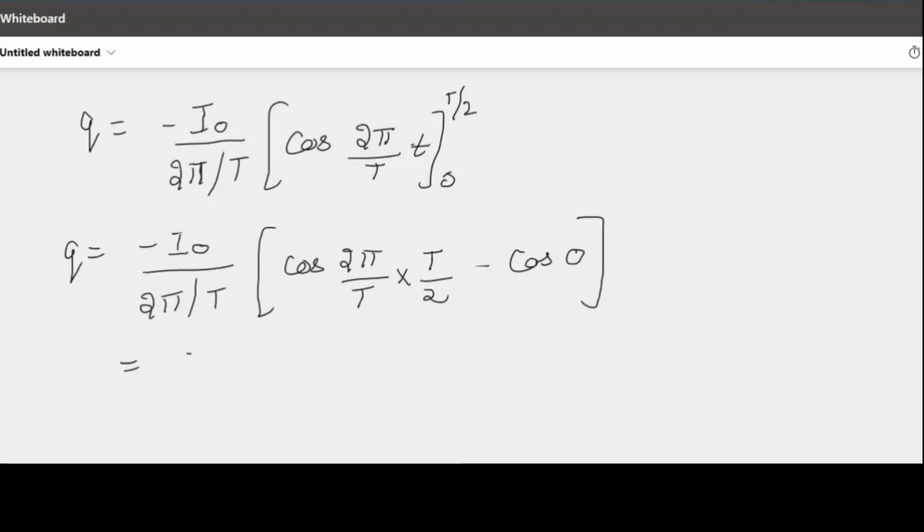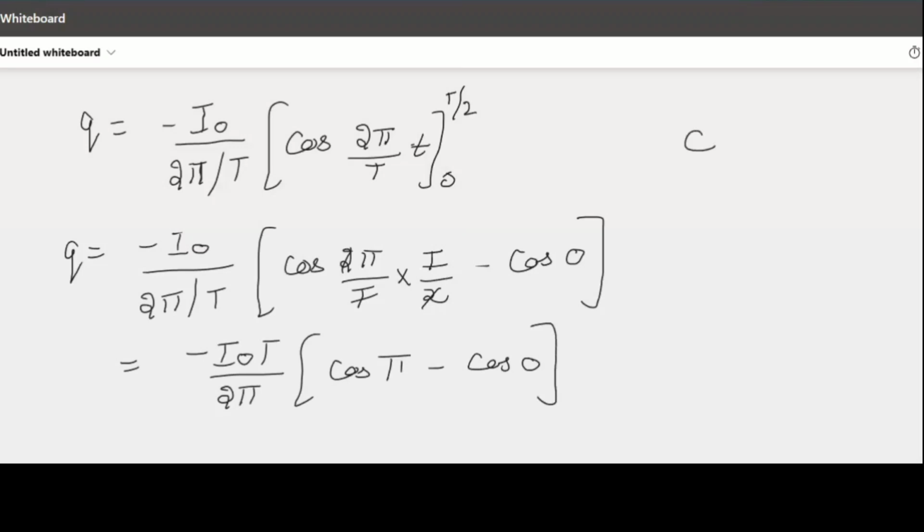So we have the expression minus I naught T divided by 2 pi, and in the bracket it comes to be 2 and 2 get cancelled, T and T get cancelled. So we have cos pi minus cos 0.